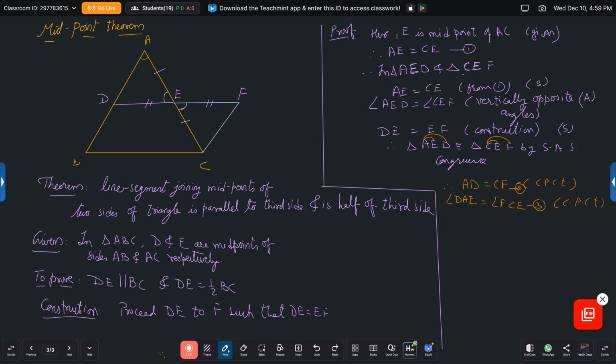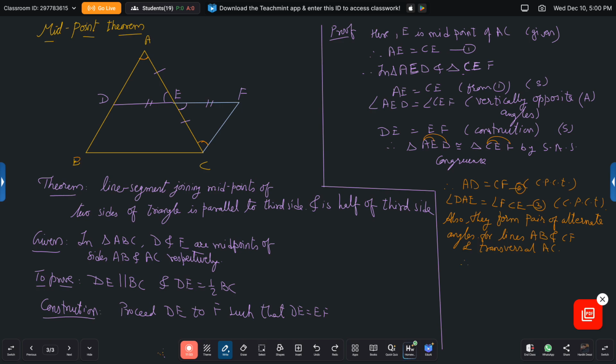Now as these two angles are equal, I am showing you in figure, and they form a pair of alternate angles for lines AB and CF with transversal AC.